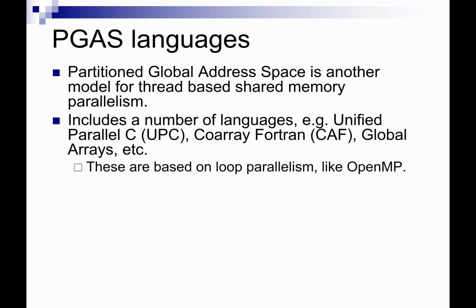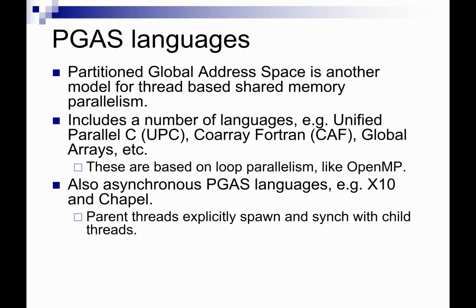But the difference is that in OpenMP, the threads don't differentiate between different parts of the memory space. They don't differentiate between the parts they can access quickly versus the slow parts. Whereas in PGAS, this is the thing that you add: threads treat different parts of the memory space differently.